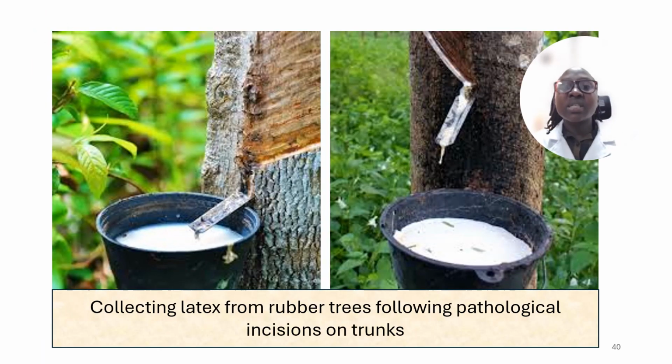This is how latex is collected, by creating incisions on trunks. We call it a pathological means of collecting. It is collected by creating incisions, then it is processed to get natural rubber.